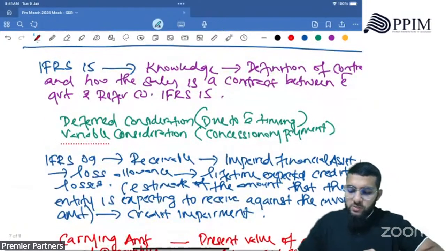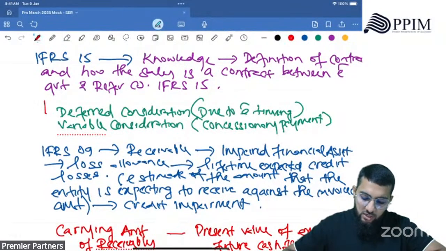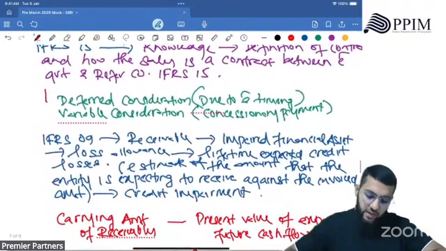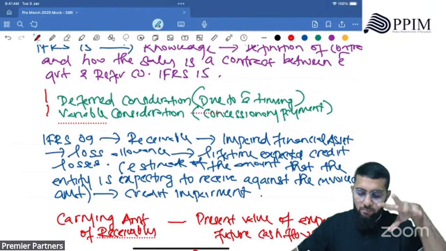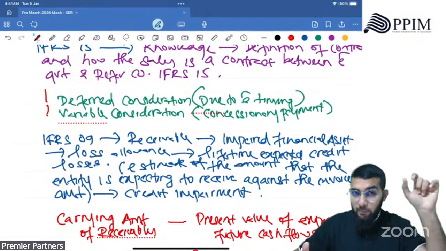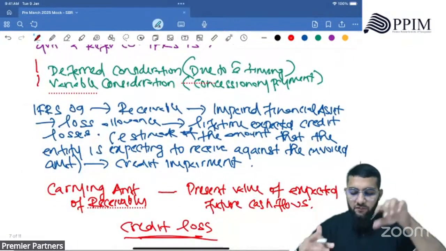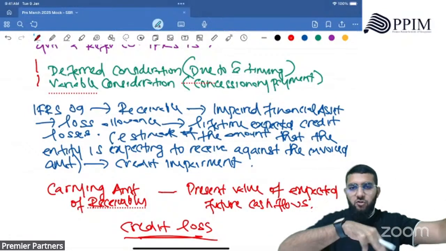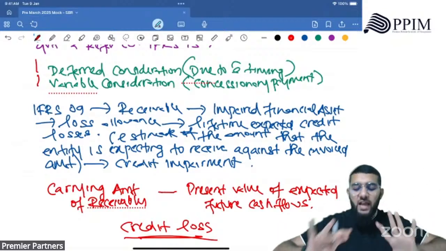So those are two standards that are applicable here. When there is deferred consideration, you are doing the present value of expected future cash flows. Variable consideration due to concession repayment means you are reducing the repayment amount from the initial value. That's a variable consideration, so you have to do that estimate. And IFRS 9 is applicable because once it becomes a receivable, you can recognize the revenue, but it falls under the financial assets purview.